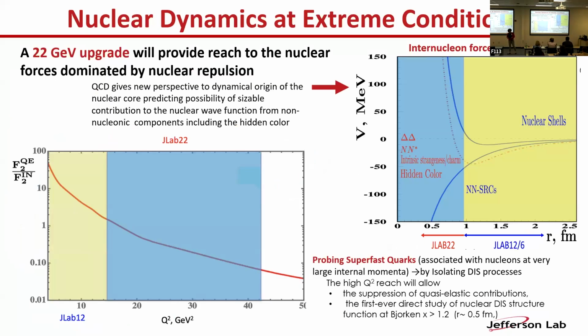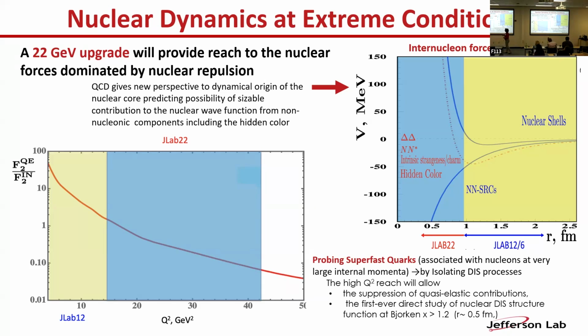What can we do with the 22 GeV? The higher I go with the energy, the deeper I go into the structure of the nucleus. And with the 22 GeV, if I do this deep inelastic scattering experiment with nuclei, I always have a competition between deep inelastic scattering events and quasi-elastic events, in the sense that the interaction can be with the nucleon, quasi-elastic, a proton or neutron in the nucleus, or deep into the nucleon.